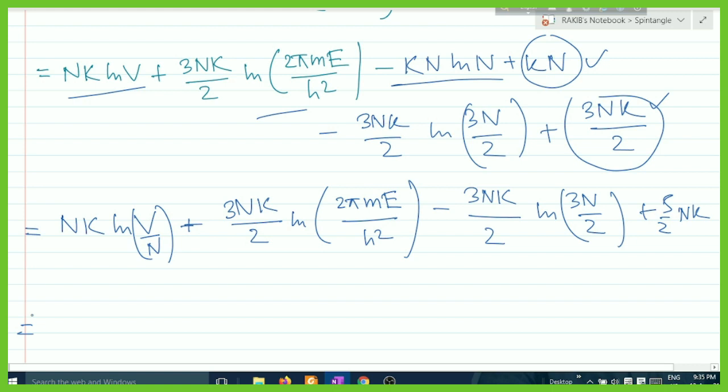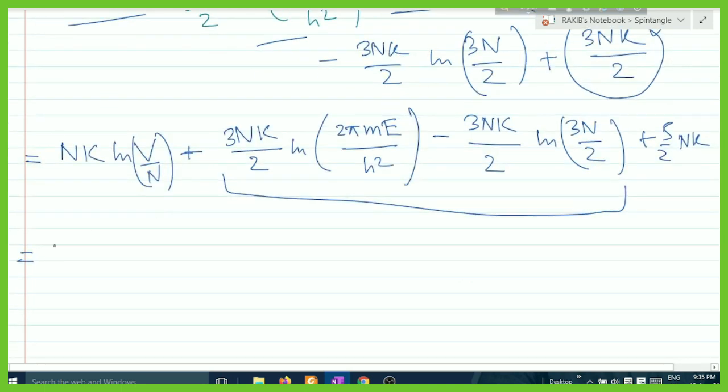Okay, nk ln v by n plus 3 by 2 nk ln 4 by n plus 5 by 2. Okay, these two terms merge with each other. This means this becomes nk ln v by n plus 3nk by 2 ln.